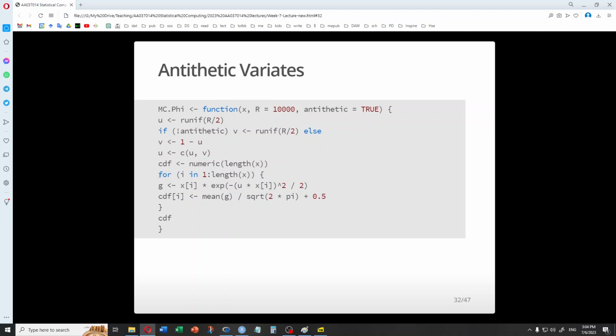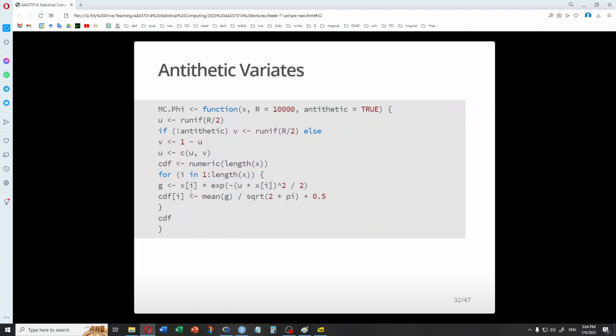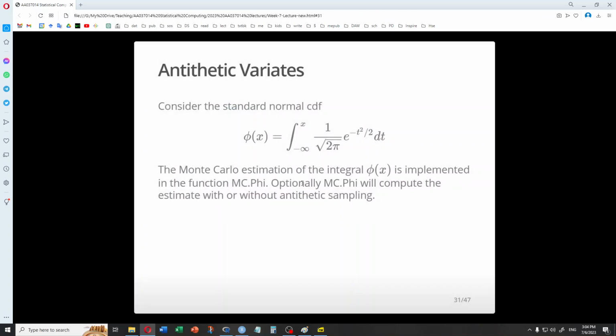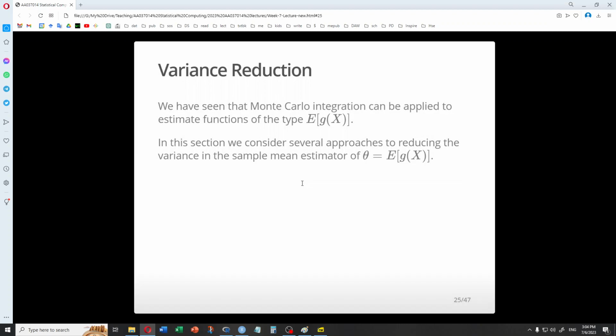Within this function, we have the loop, where we compute the g and the CDF. The g is given by x times the exponent of negative ux squared divided by 2. This one is similar to the previous example that we have done before.